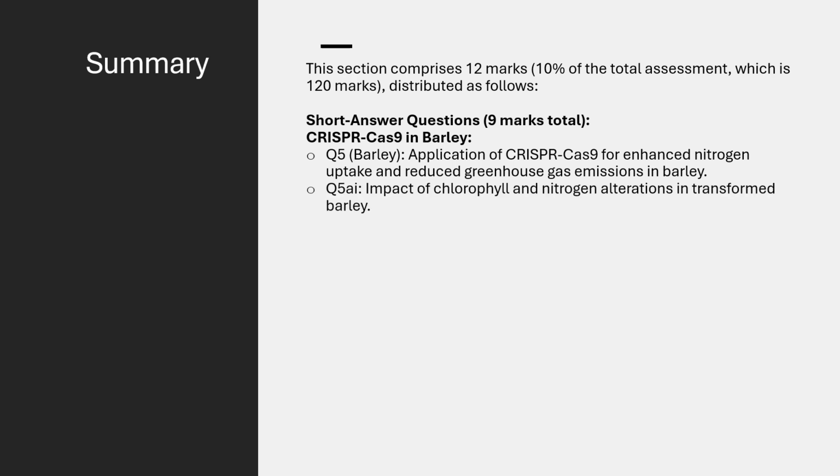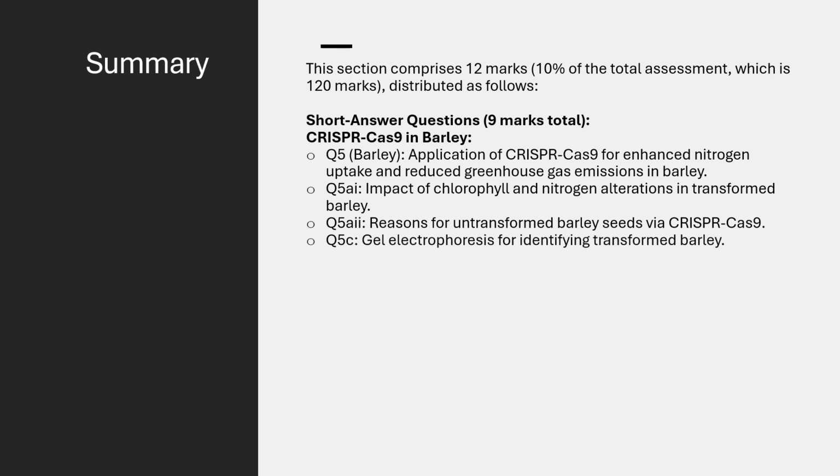Impact of chlorophyll and nitrogen alterations in transformed barley. Question 5A2. Reasons for untransformed barley seeds via CRISPR-Cas9. Question 5C. Gel electrophoresis for identifying transformed barley. Question 5D. Principles of DNA fragment separation in gel electrophoresis.